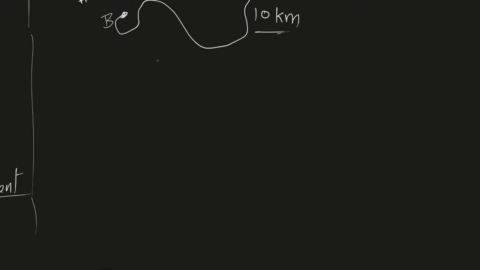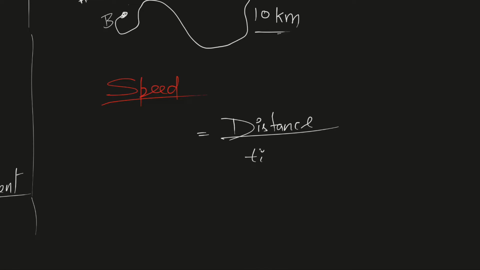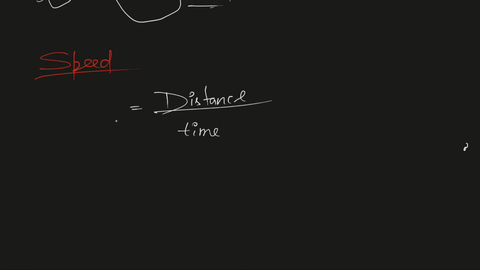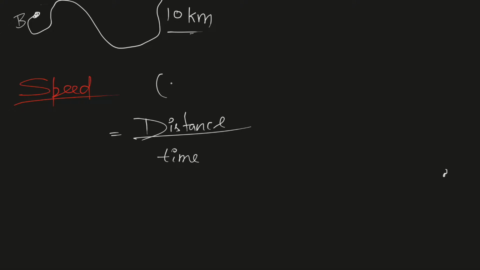And speed. Speed is nothing but distance traveled per unit time, and its SI unit we simply write as meter per second.